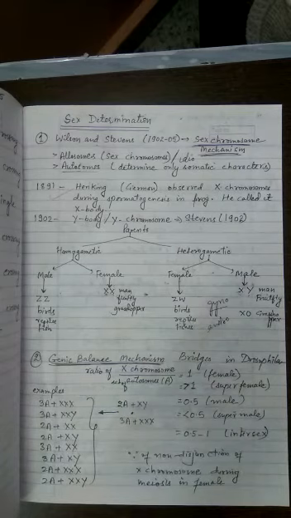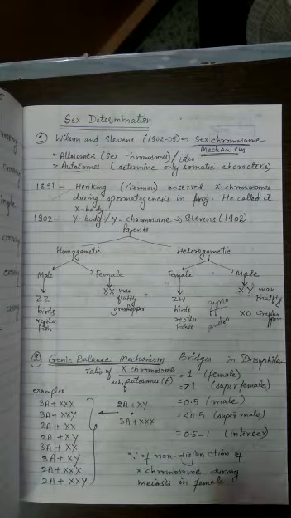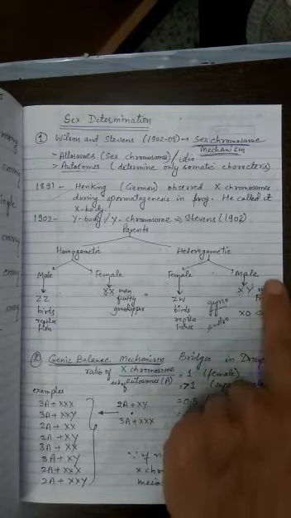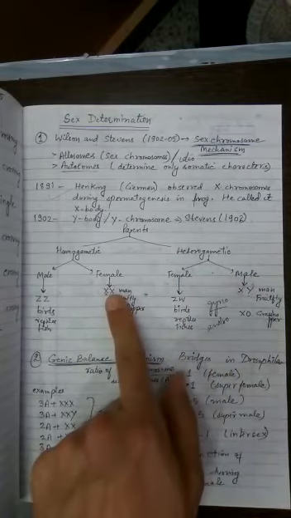So male heterogamety is the type of sex determination in which two types of gametes, on the basis of the sex chromosome, are formed by the male parent. It is present in man and also in the fruit fly. Remember, in those conditions where males are heterogametic, females would be homogametic.